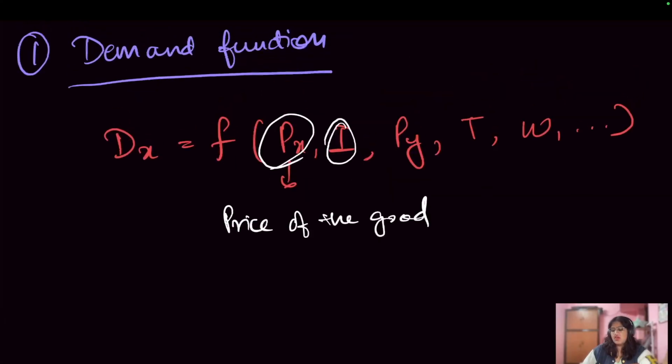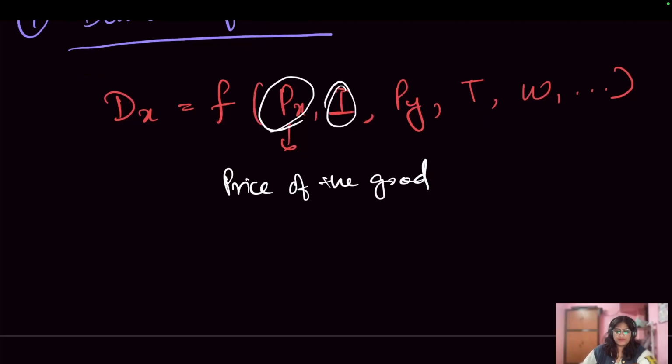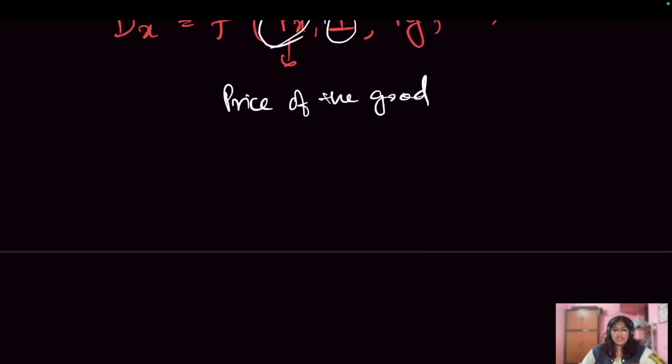So, when you consider all of them together and consider it as a mathematical function, that is called a demand function. Now, based on your income, the goods can be normal goods, that is, when the income rises, you want to purchase more of that good. That is normal goods.